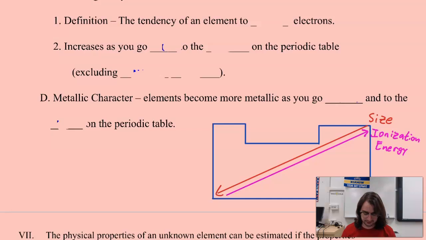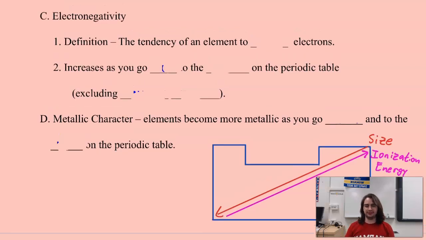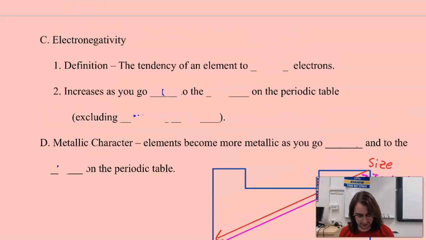Similarly, we also have this idea of electronegativity. Electronegativity is defined as the tendency of an element to gain electrons. But I'd like to also add an additional definition to this to kind of help us understand what electronegativity means.